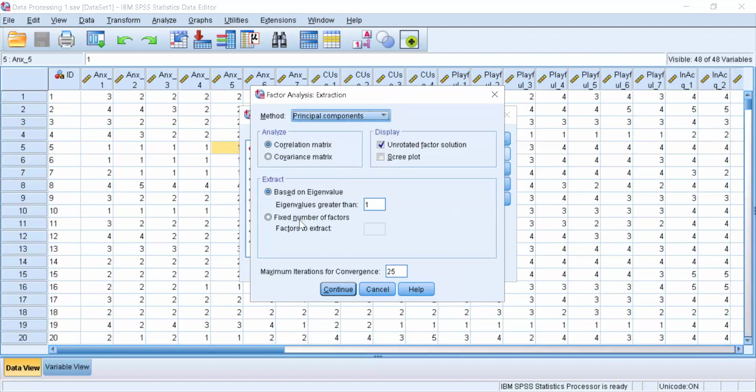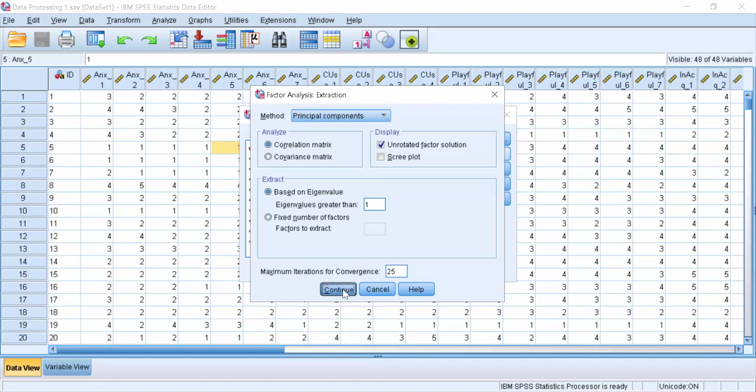You can say fixed number of factors and you can define मुझे 5 फैक्टर्स चाहिए, वो भी करेगा. या उसको आप बोले कि आइजन वैल्यू, यानी वो वैल्यू जो एग्जैक्टली एक्सट्रैक्ट करता है आपके वेरिएबल. सो द सॉफ्टवेयर हैज इट एम्बेडेड. जनरली आइजन वैल्यू के हिसाब से हम लोग जाते हैं, आइजन वैल्यू ऑफ 1. कुछ लोग उसे ज्यादा करते हैं फिनेंस वाले, बट देन 1 इज द आइडियल सिचुएशन.